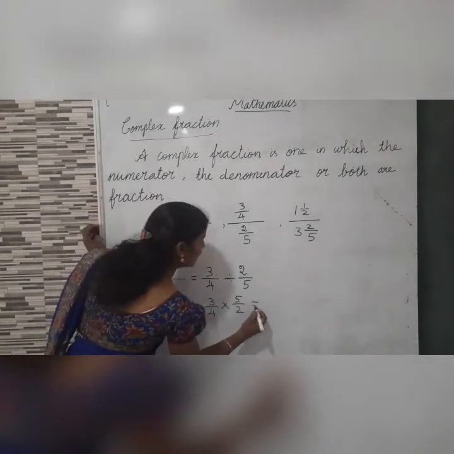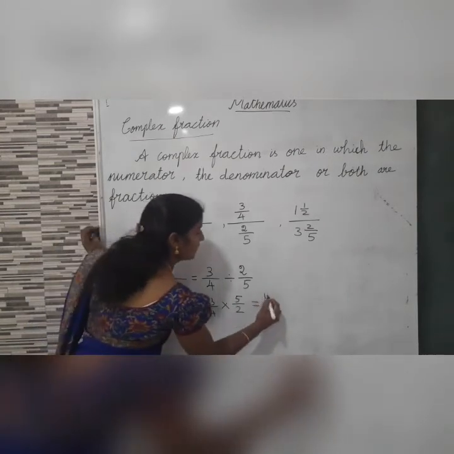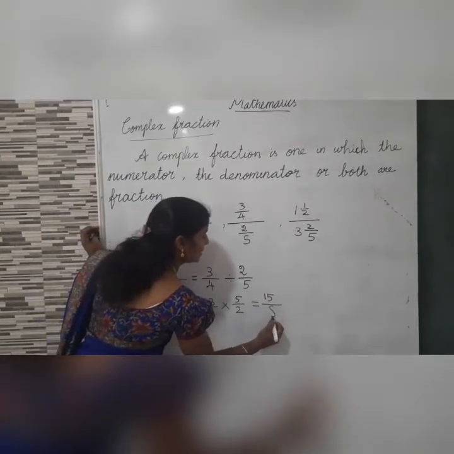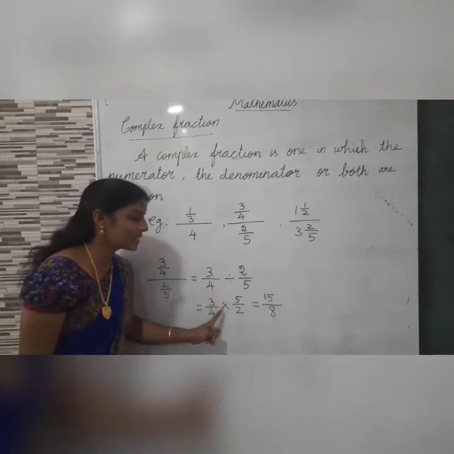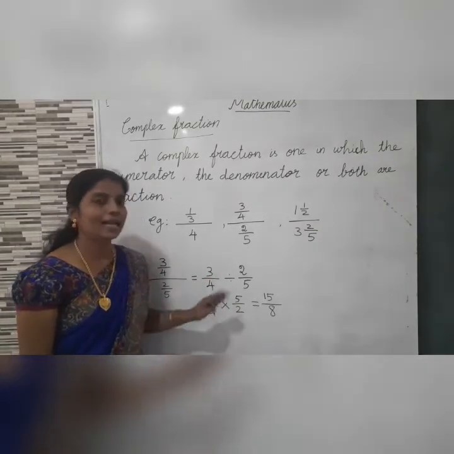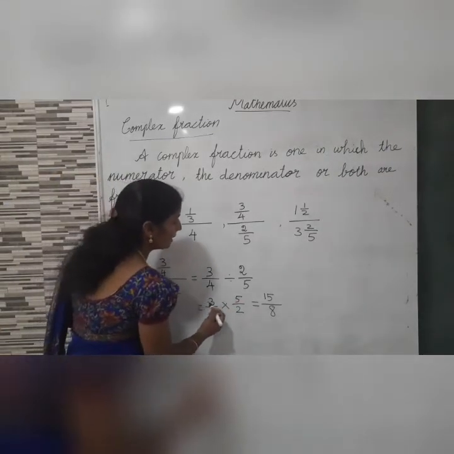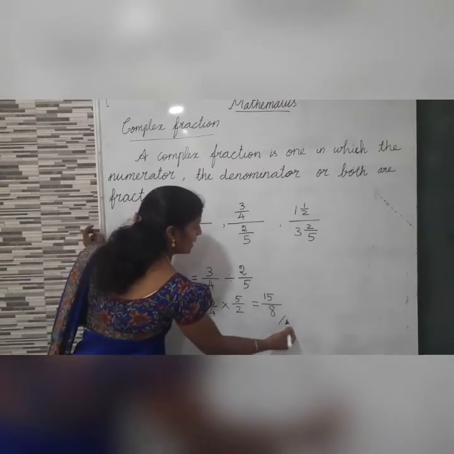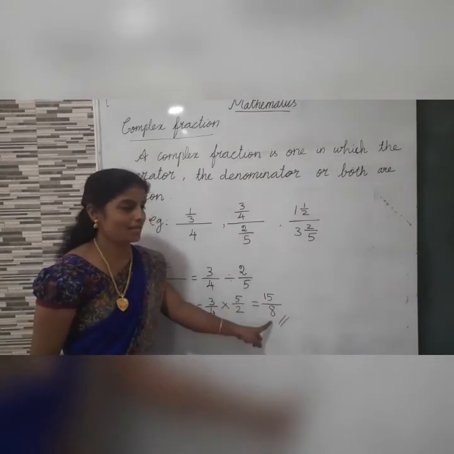Now we can multiply numerator and numerator: 5 3s are 15, divided by 4 2s are 8. Here no need to take LCM because this is multiplication. Addition and subtraction only we want to take LCM. So 15 by 8 is the answer.